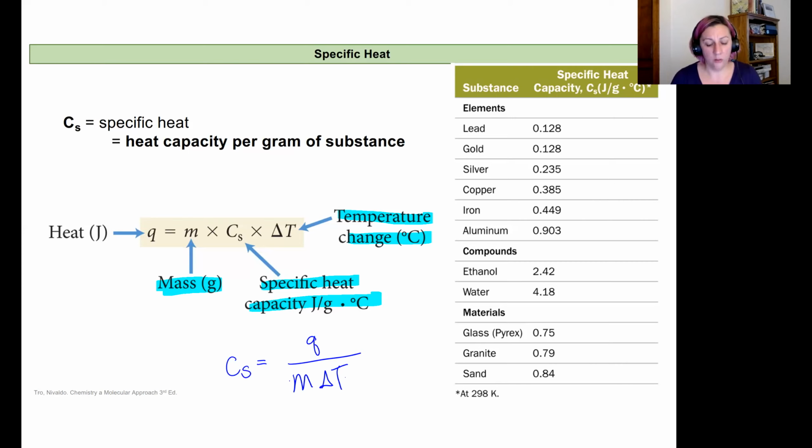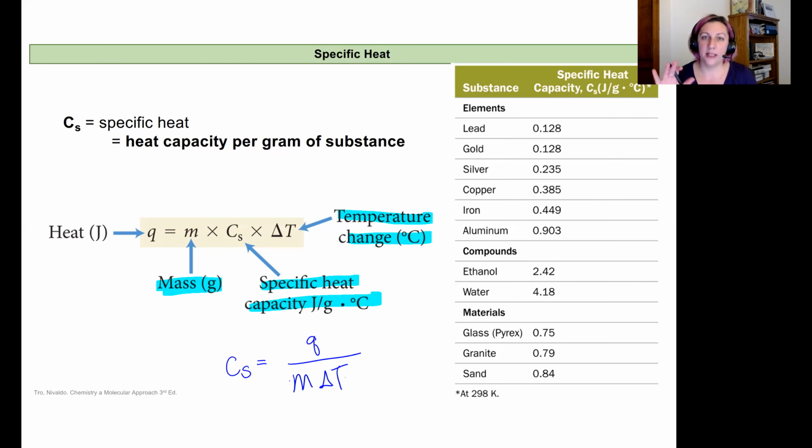And so we can plug into this equation pretty easily to figure out the amount of energy that would be absorbed or released by a chemical reaction, if we know some of our parameters, like how much of it we have, the mass, how much the temperature changes over the course of that energy being absorbed or released, and then also that kind of defining feature of the system, the specific heat.